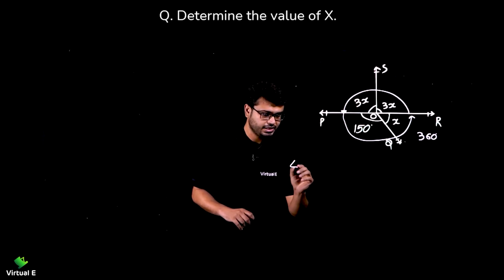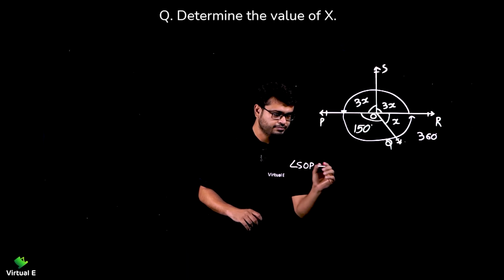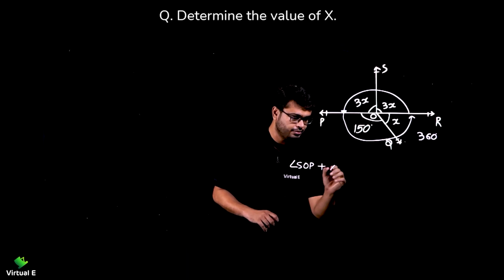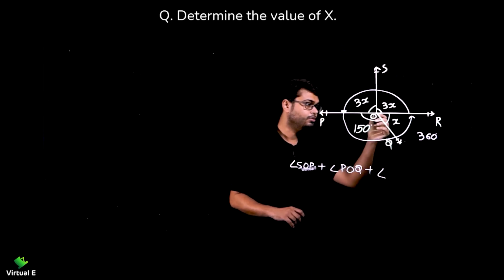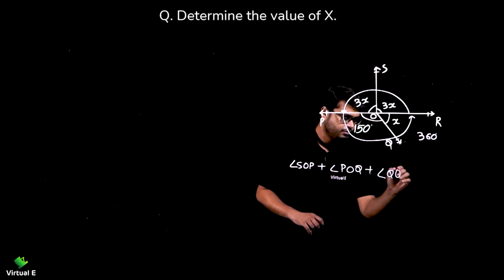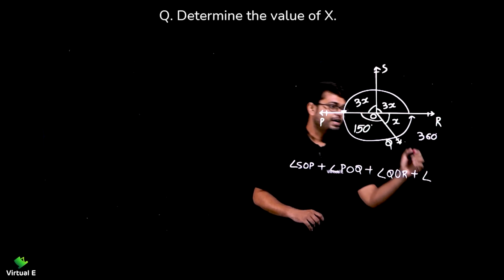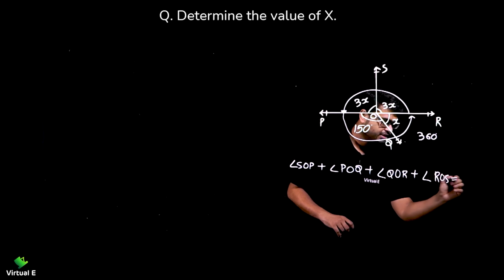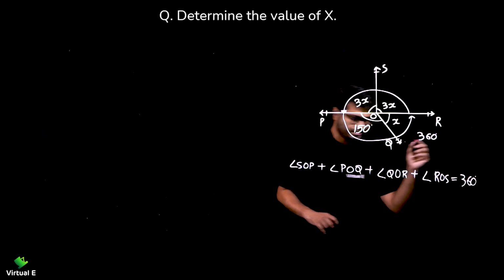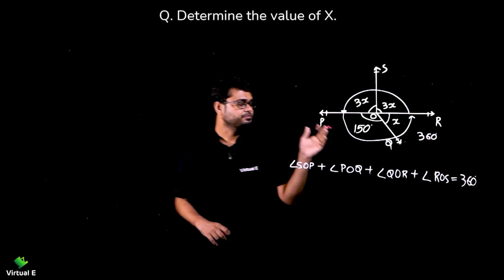angle SOP plus angle POQ plus angle QOR, and finally angle ROS is equal to 360 degrees. Done.